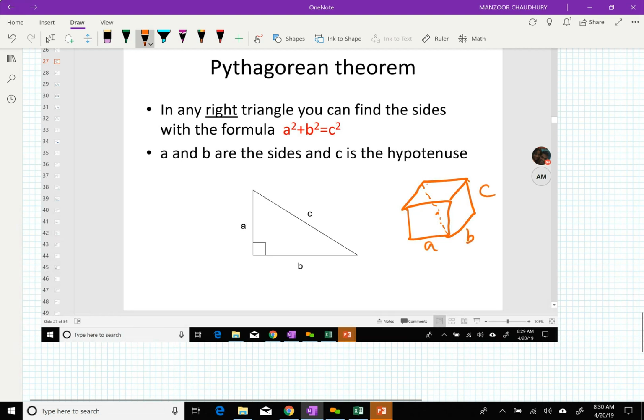Let's say you have A, B, and C, these are three sides. So A square plus B square plus C square is D square. Just like A square plus B square works in 2 dimensions, it also works in 3 dimensions. So if you're missing things like that, you can figure it out from the 3 sides.